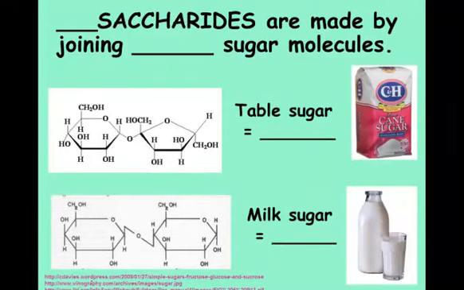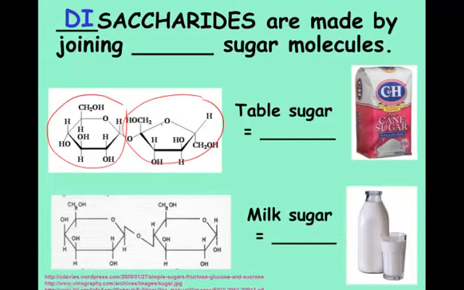This next simplest size of molecule would be to take 2 sugar molecules and hook them together. And in science, the prefix for 2 is di, D-I, and it means 2. Disaccharides. We had monosaccharides, 1 sugar. Disaccharides contain 2 sugar molecules. So this is a sugar molecule, and this is a sugar molecule, and they're joined together.